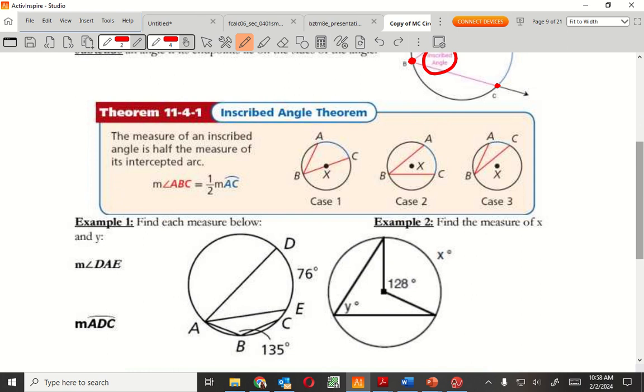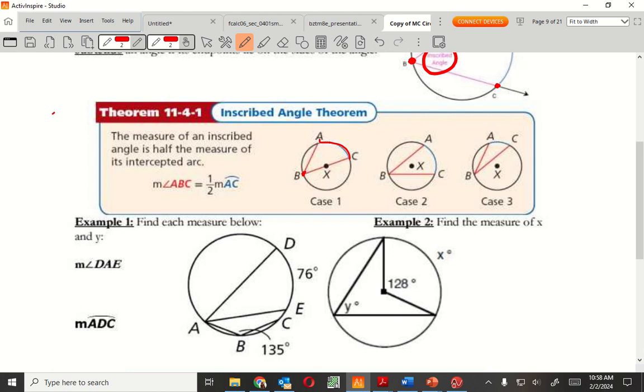The formula that goes along with this is my inscribed angle is 1/2 of my arc. This is my arc, on the outside, AC. The inscribed angle would be over here at B. That would be 1/2 of that value.